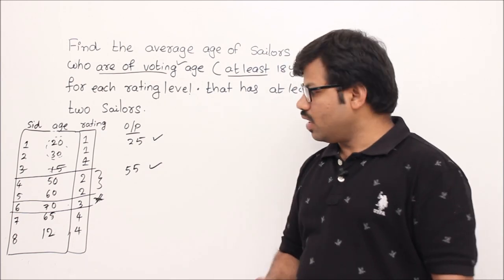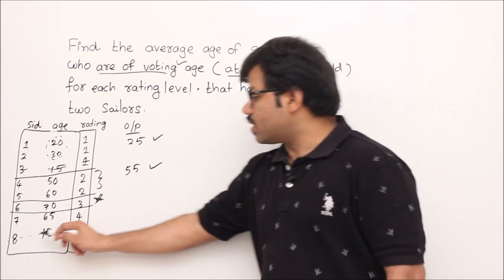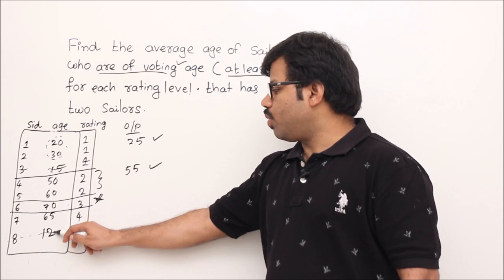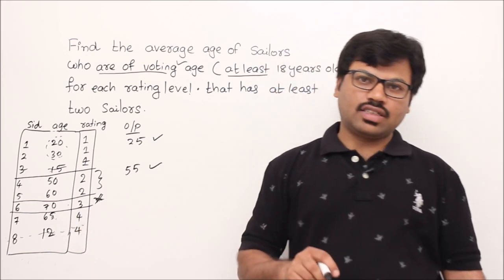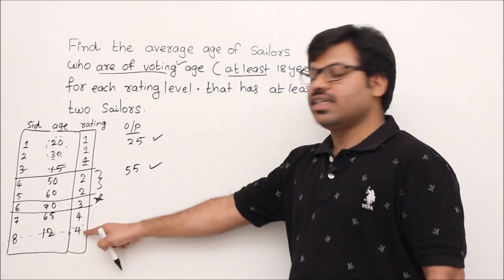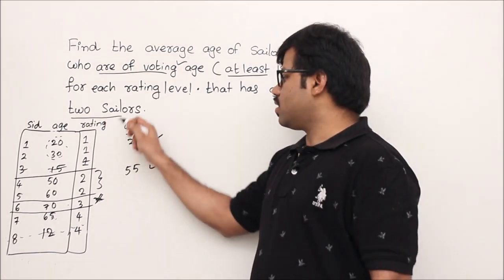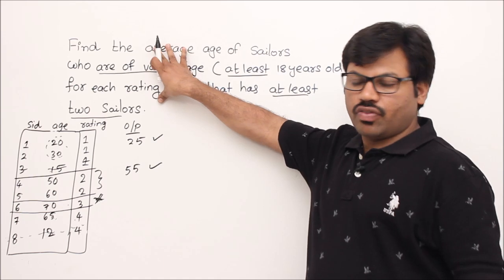Some students argue, sir, why are you discarding him? We have to discard him only for calculation purposes. But if someone asks how many people are there in this group, then there are two. At that time we should not discard because this group has at least two members. It is asking about at least two sailors. Yes, this group has at least two sailors. So I'm just explaining the requirement of this query.